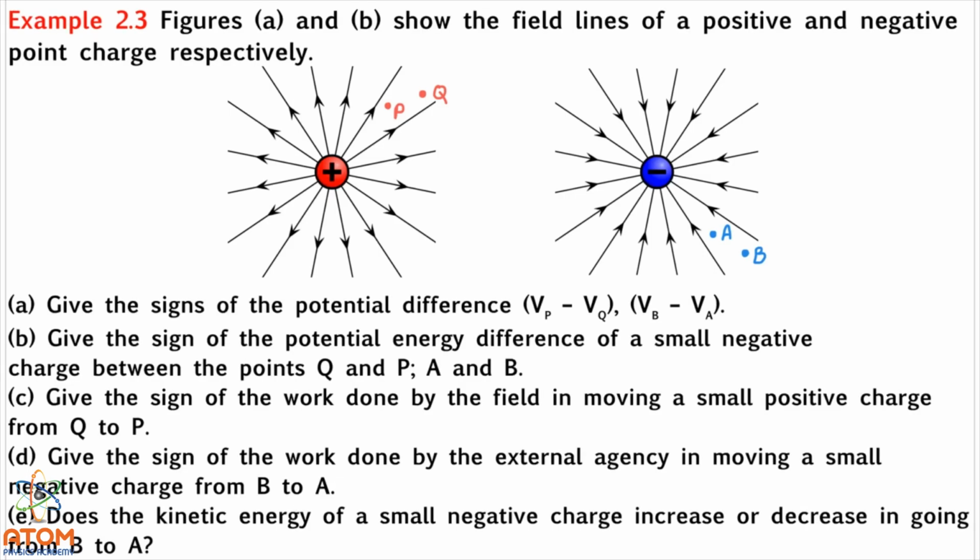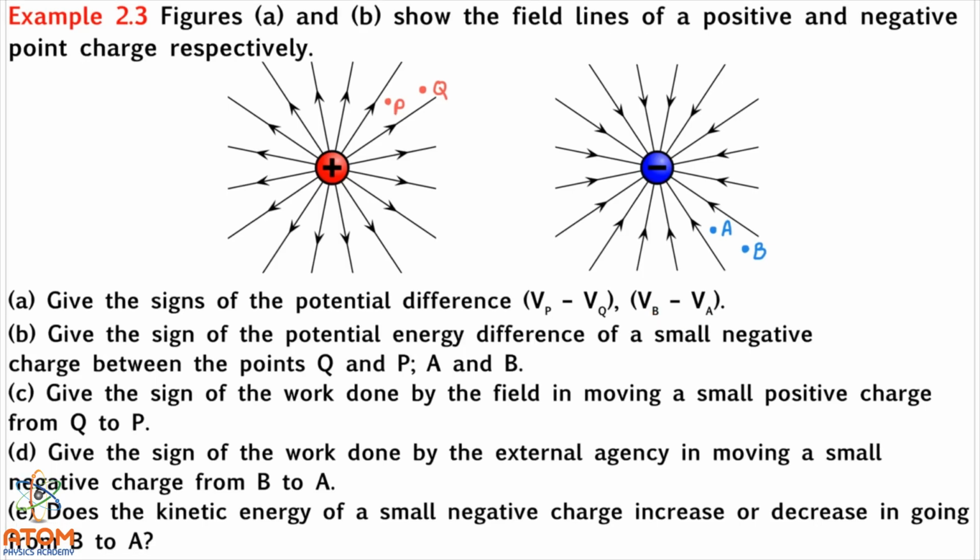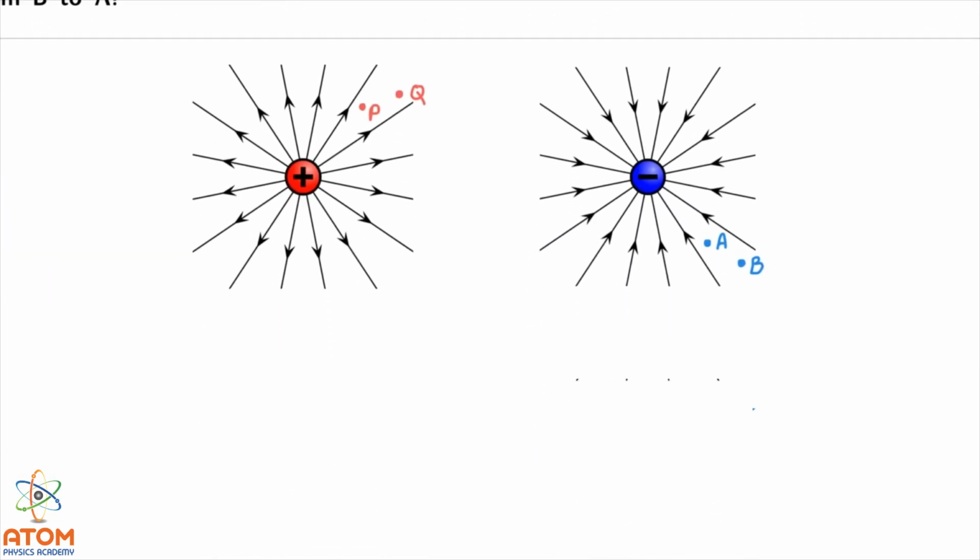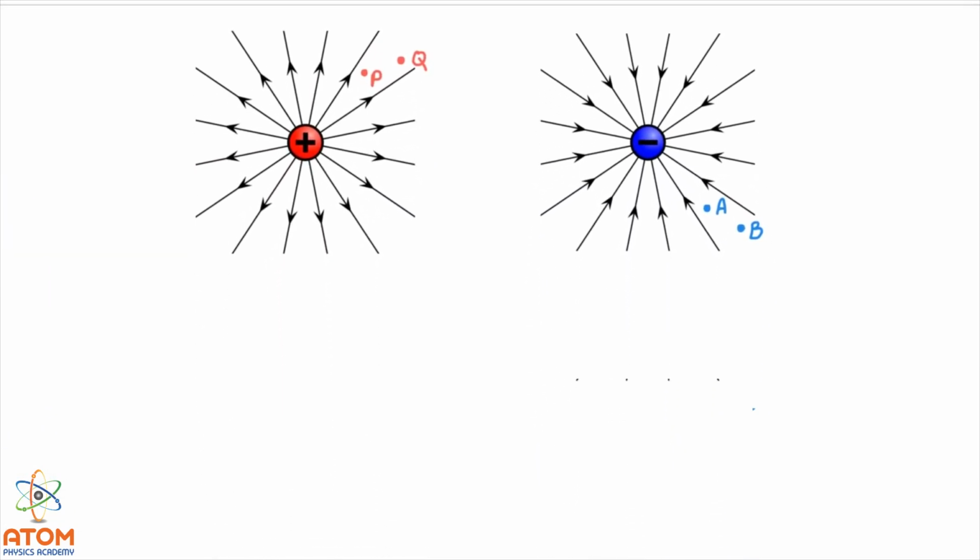Let us solve A. Give the sign of the potential difference Vp minus Vq and Vb minus Va. Let us see that. Here we will use the figure again, and we need to solve this A. First of all, Vp will be equal to Kq upon, let us say, Rp.